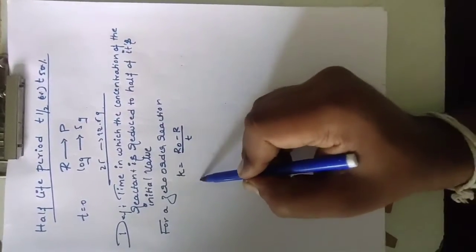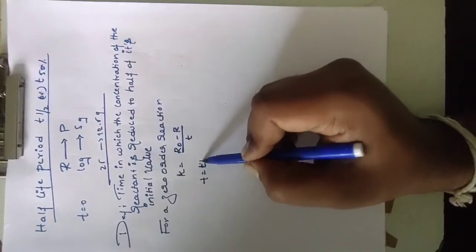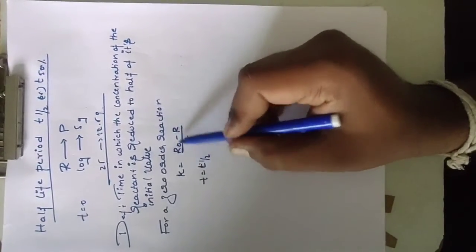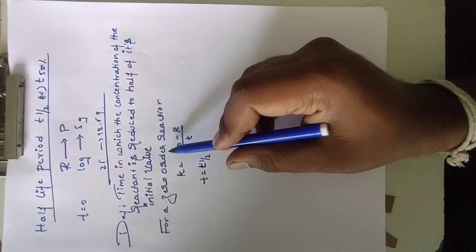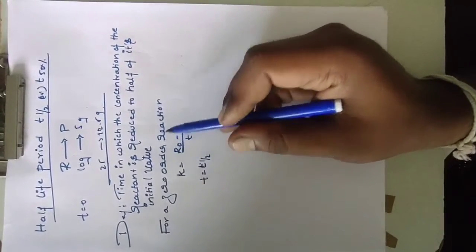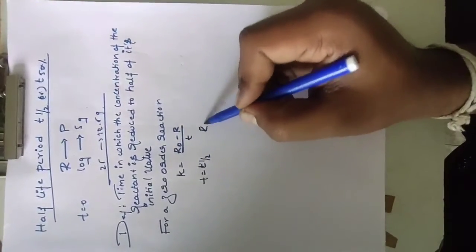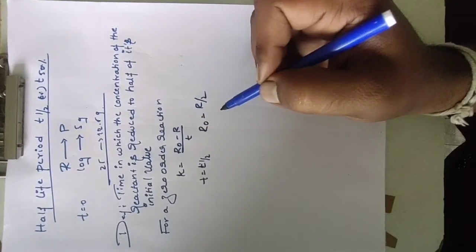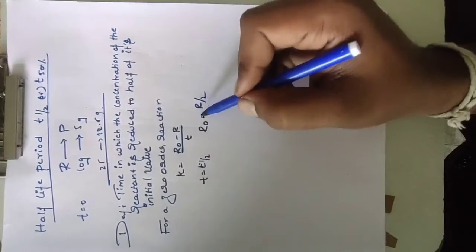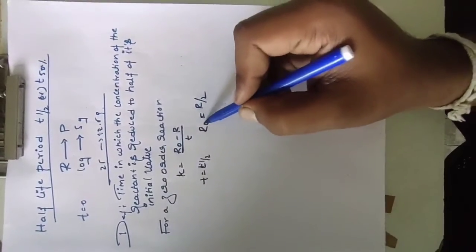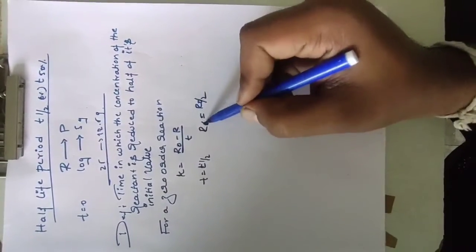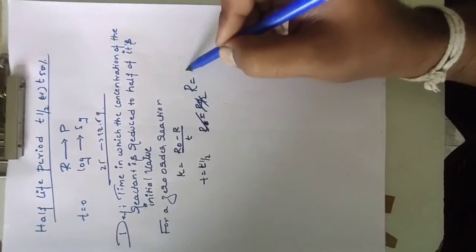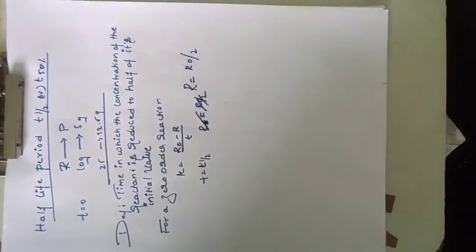Where t is t of, the concentration of reactant reduces to half of it, so r naught becomes r by 2. We can write r equals r naught by 2.